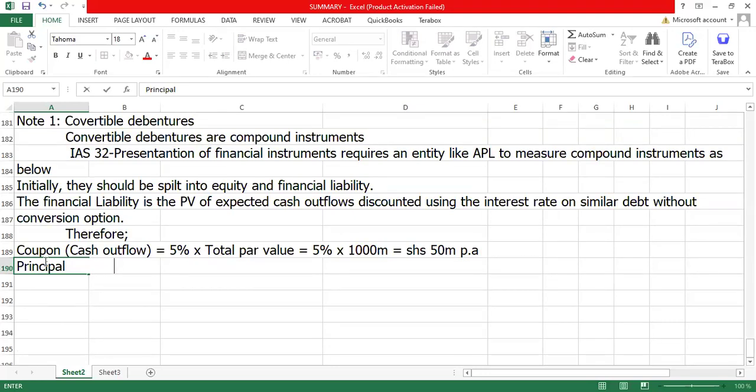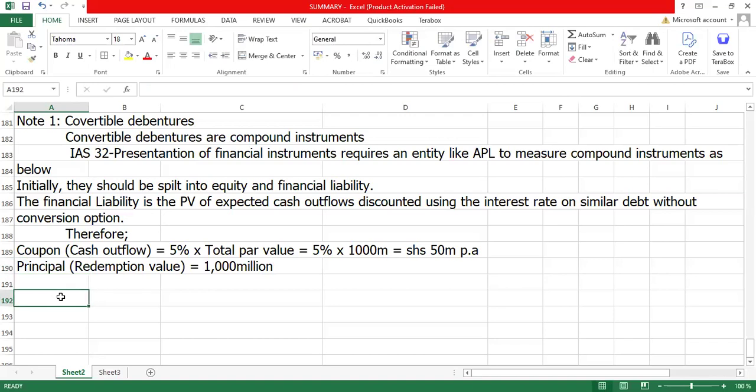Principal comes at the end of the maturity period, or at the conversion date. So the principal is simply the redemption value, which is equal to 1,000 million.